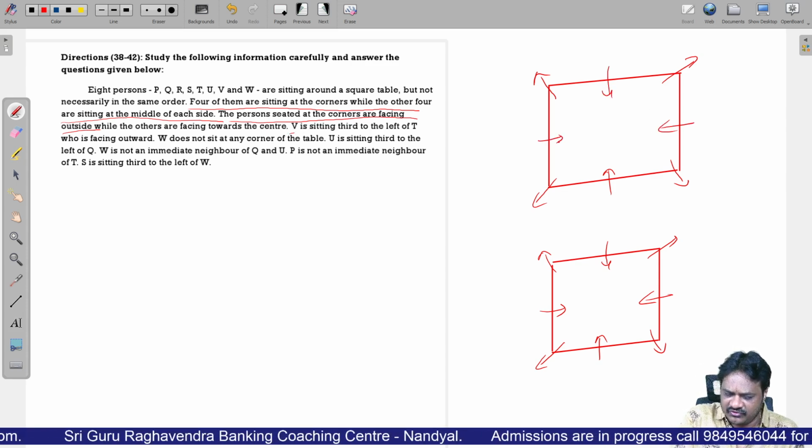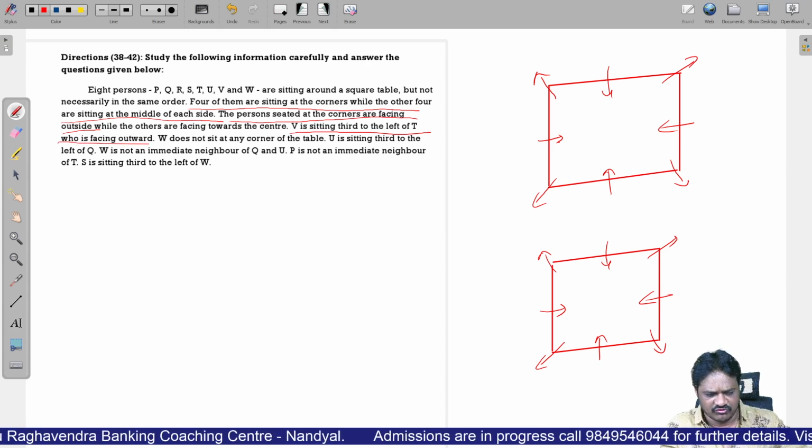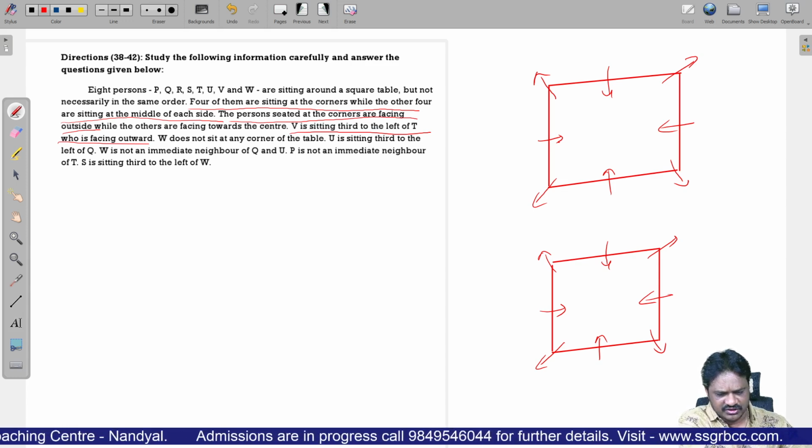Okay. V is sitting to the left of T, who is facing outward. Who means here T. T is facing outward, so V is facing outward.